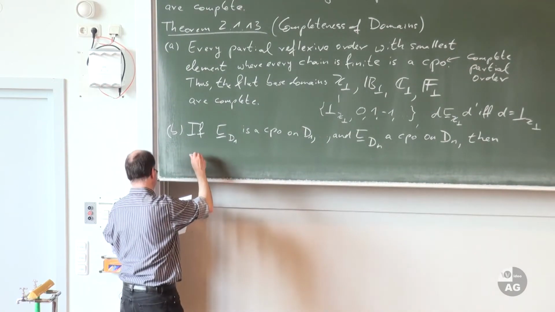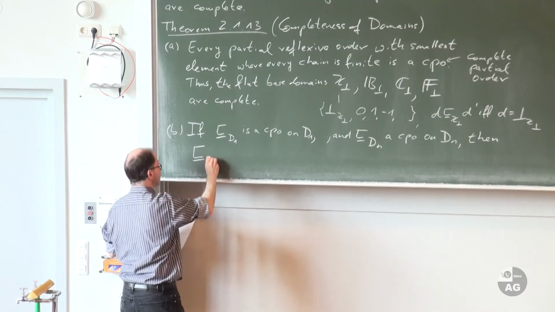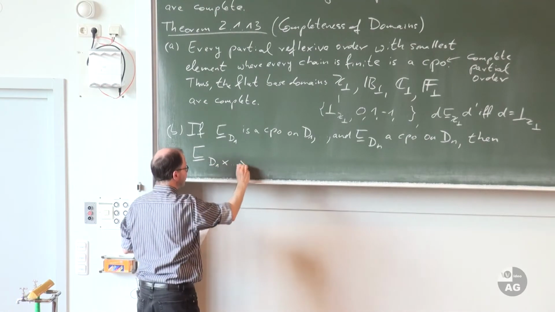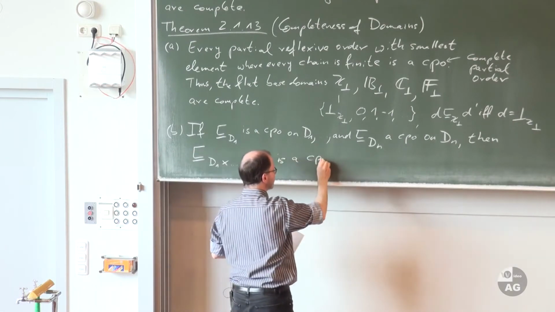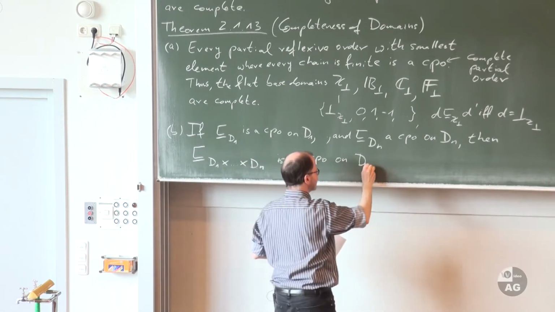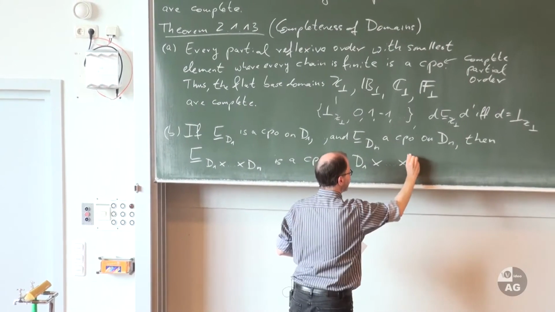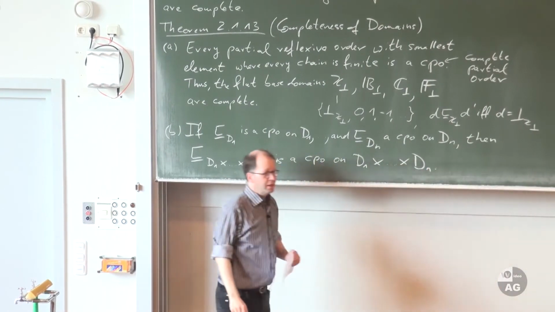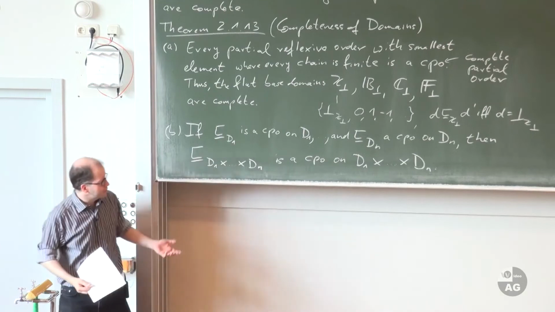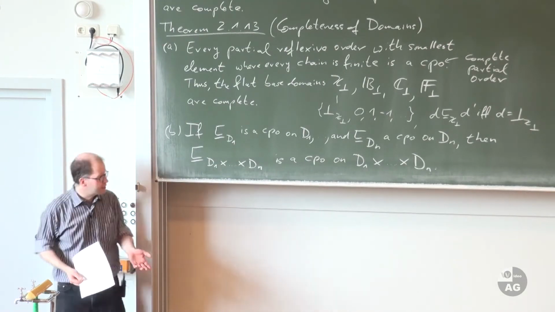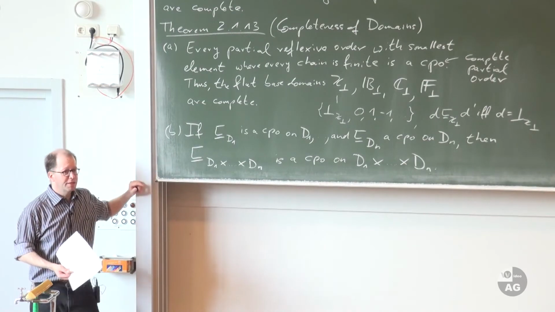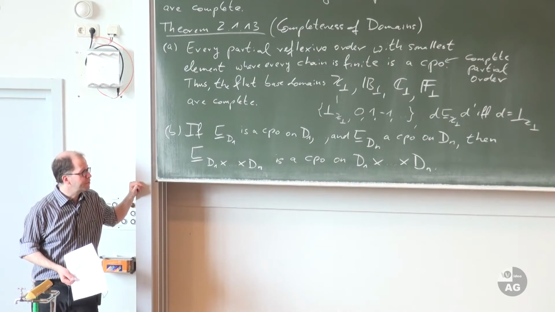So then the order which compares tuples component-wise is a complete partial order on D1 cross Dn. So in other words, this domain, which we regard for tuples, is also complete, provided that the domains that we regarded for the components were complete.